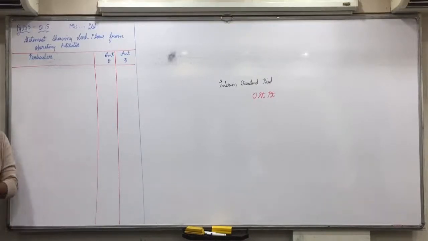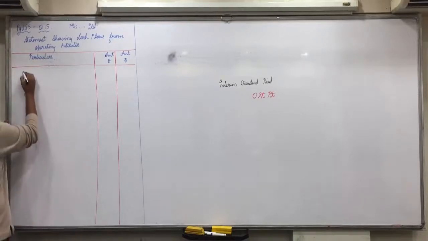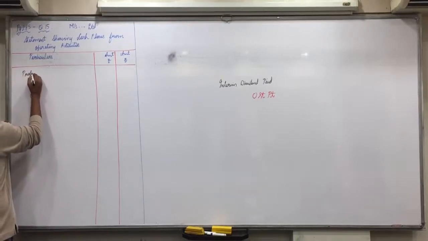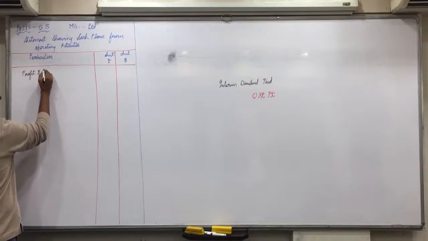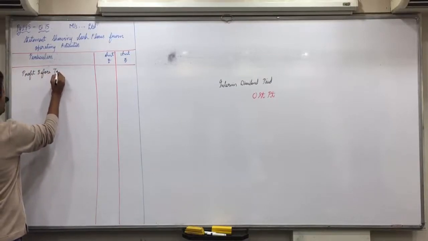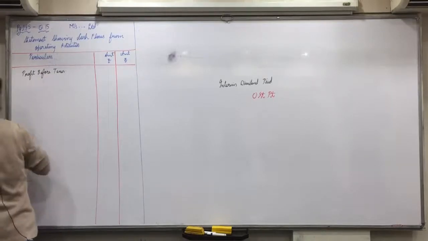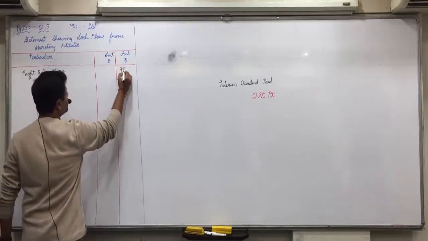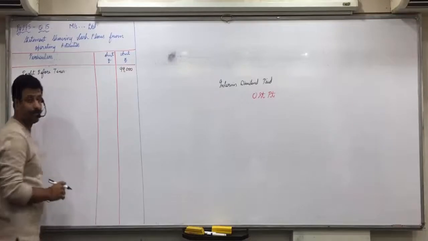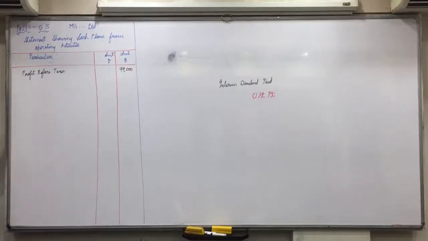Now be attentive. We have to start with profit before tax. Closing and opening is not given. Profit is directly given. So write down profit before tax 99,000. Understood this, everyone?